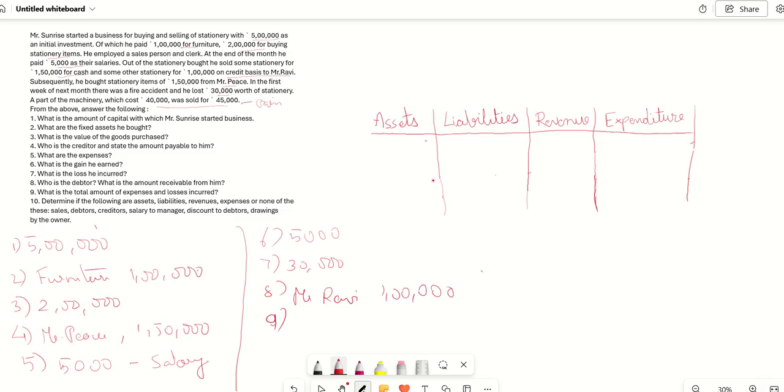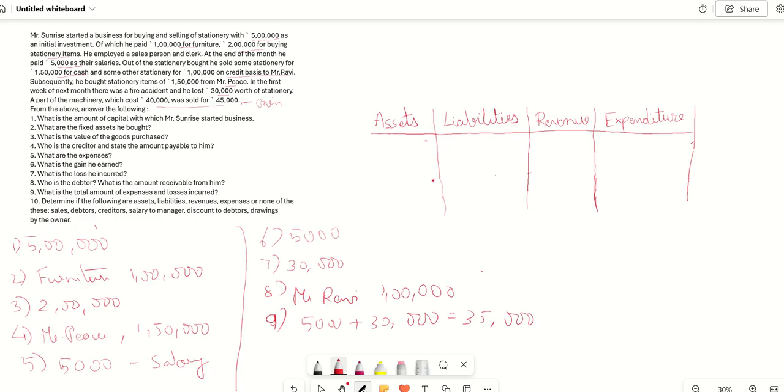Ninth one, what is the total amount of expenses and losses incurred? So expenses, we've seen salary 5,000 and the loss of 30,000. Okay, so it is 35,000 put together.